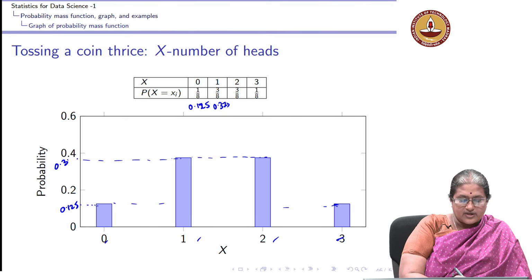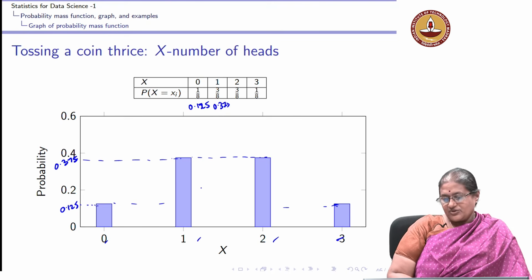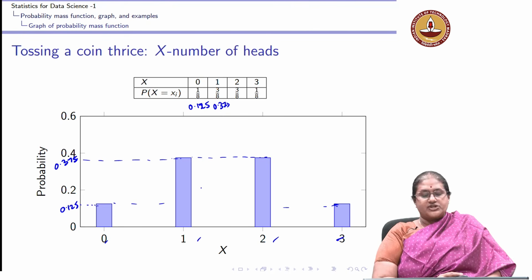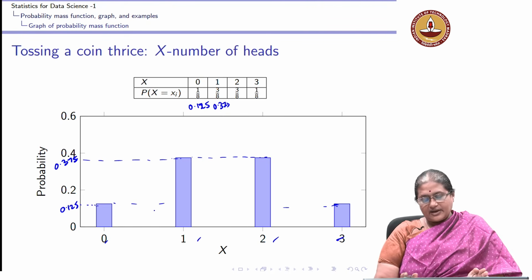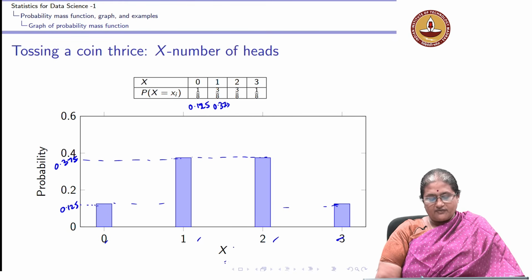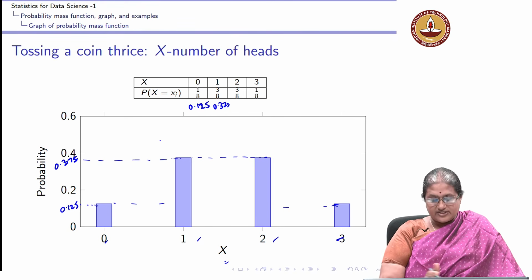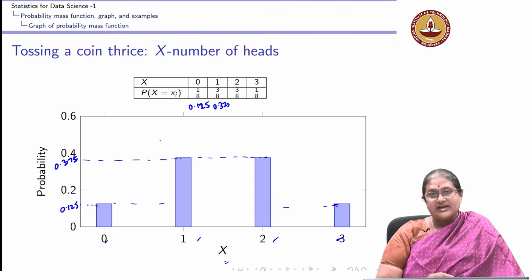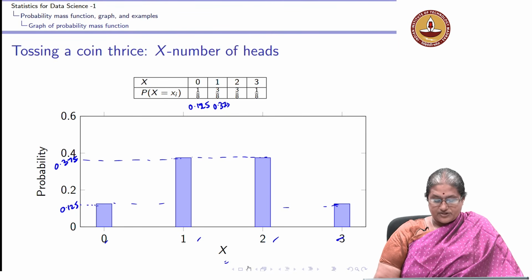Again you see that this distribution is a symmetric distribution around the values X takes. You can see from the graph that it indicates a symmetric distribution.